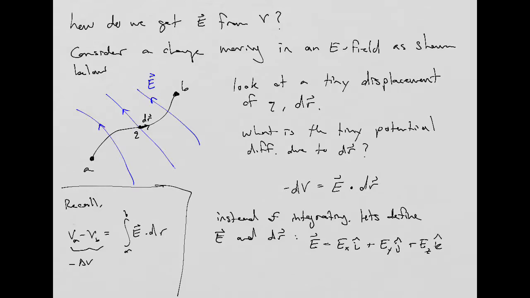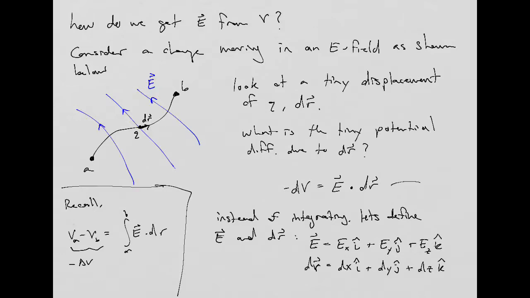And likewise, our dr, our tiny little displacement vector, will be made up of a tiny little displacement in the x direction, plus a tiny little displacement in the y direction, plus a tiny little displacement in the z direction. Okay, we're just doing the most general case that we could possibly have.